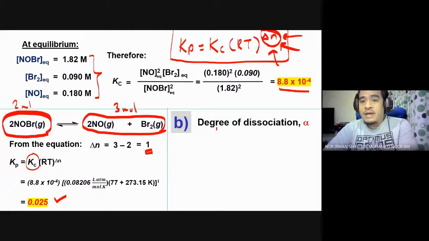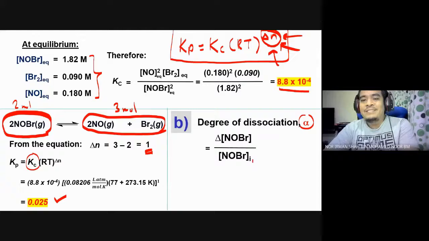Alpha, the degree of dissociation, equals the change in concentration of nitrosyl bromide. This triangle stands for change, or delta. Divide by the initial concentration of nitrosyl bromide.